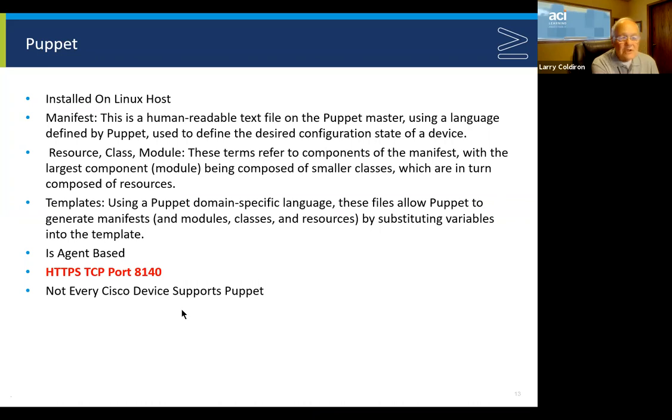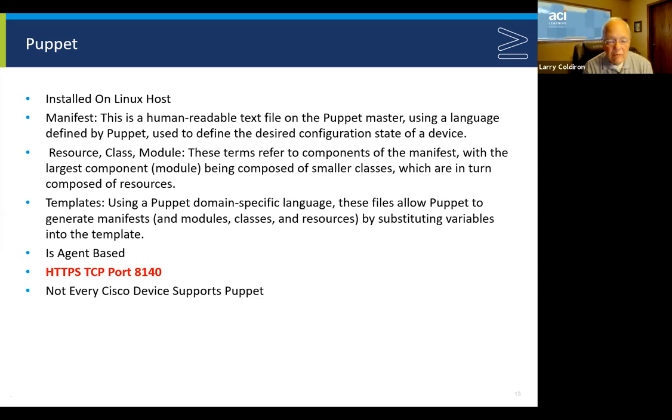Puppet, installed on a Linux host, uses a manifest, a human-readable text file on the Puppet master, using a language defined by Puppet, used to define the desired configuration state of the device, the desired configuration state, intent-based networking. What do we intend for it to be?